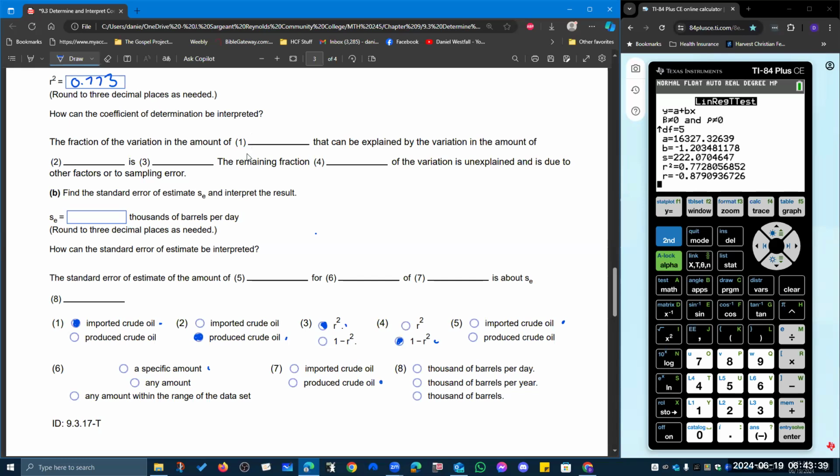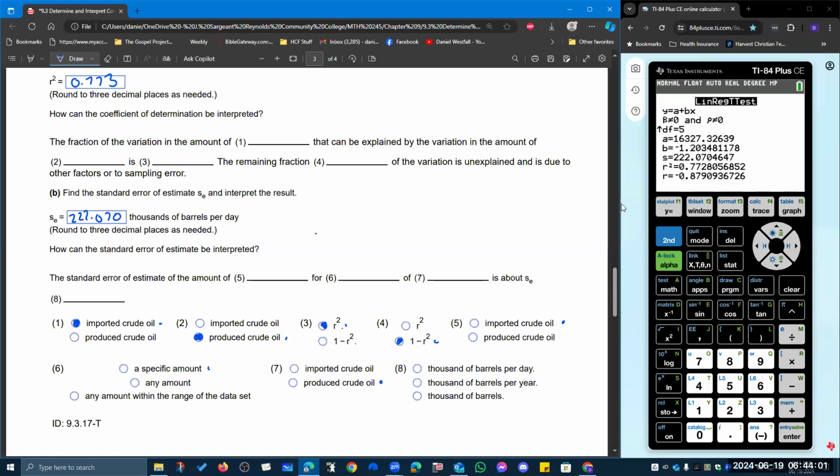Now let's go ahead and look right here. This S right here is my standard error, which is 222.070. I'll show you another way to find that by hand in just a second, but that's the easiest way to get it from the calculator.